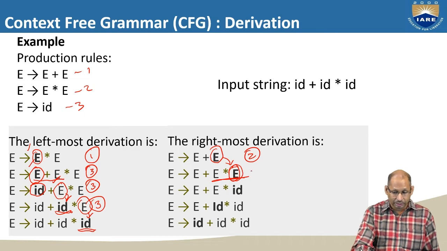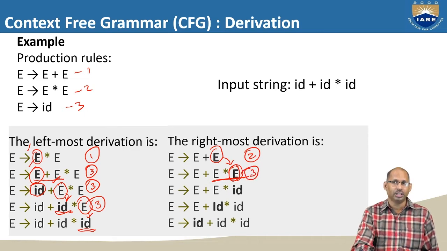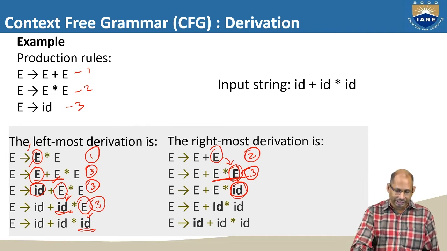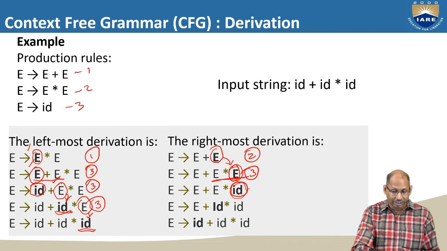So we use a third step for the expansion. E gives ID, right? Then once again, what is the right hand variable?